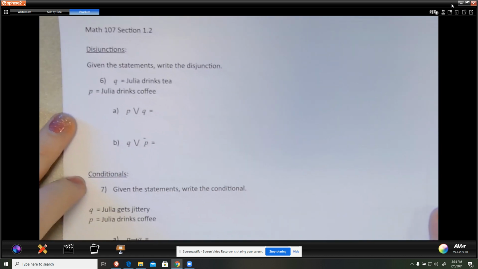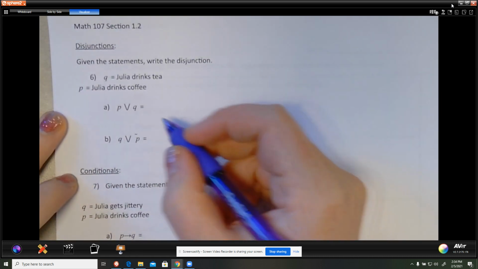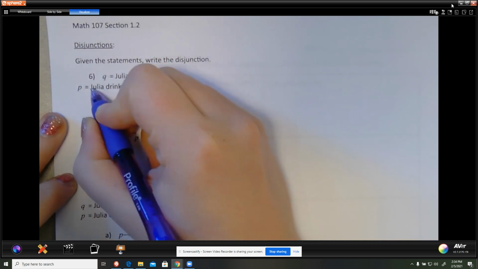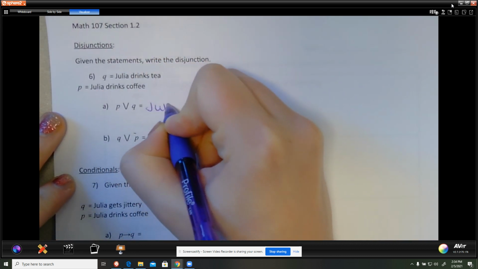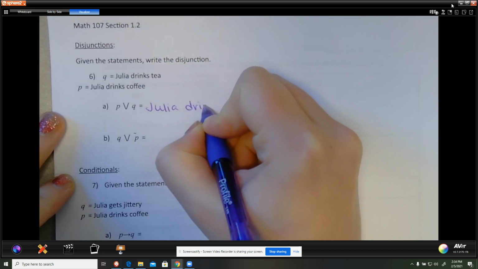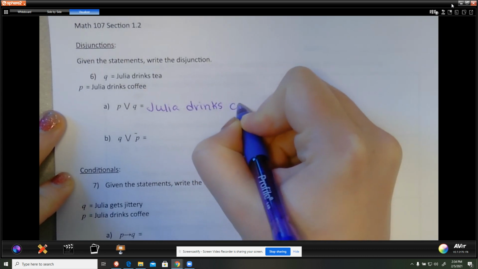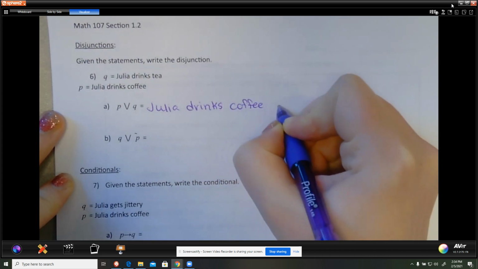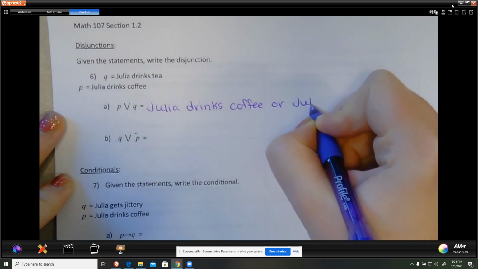There you go. Next thing we got into were the disjunction, which correlates to or. Right, so P says Julia drinks coffee, or Julia drinks tea.